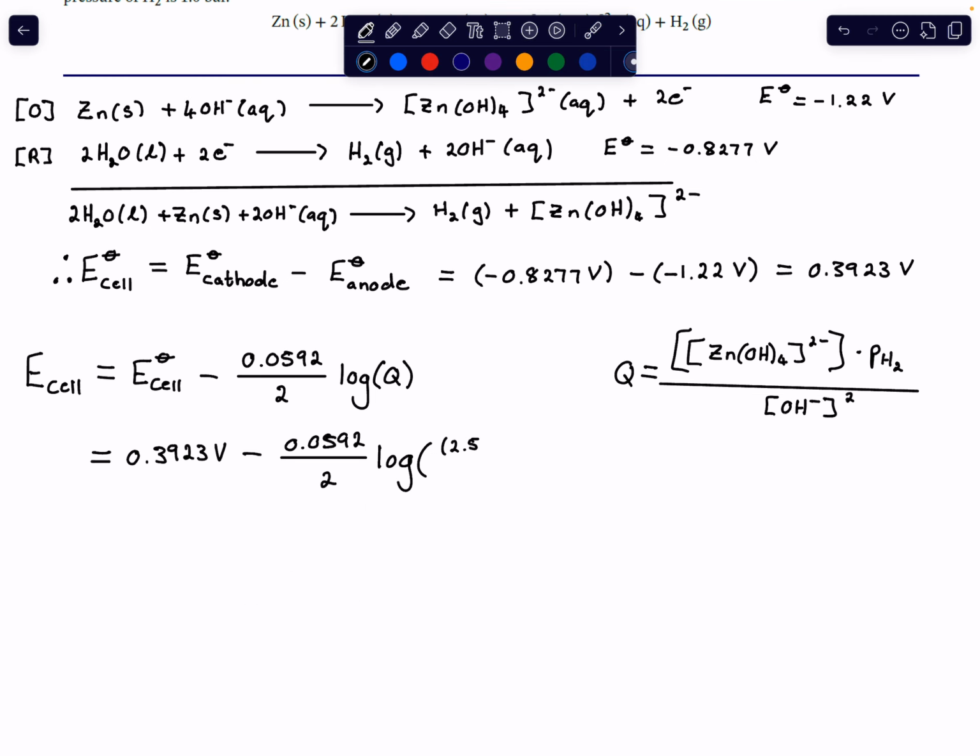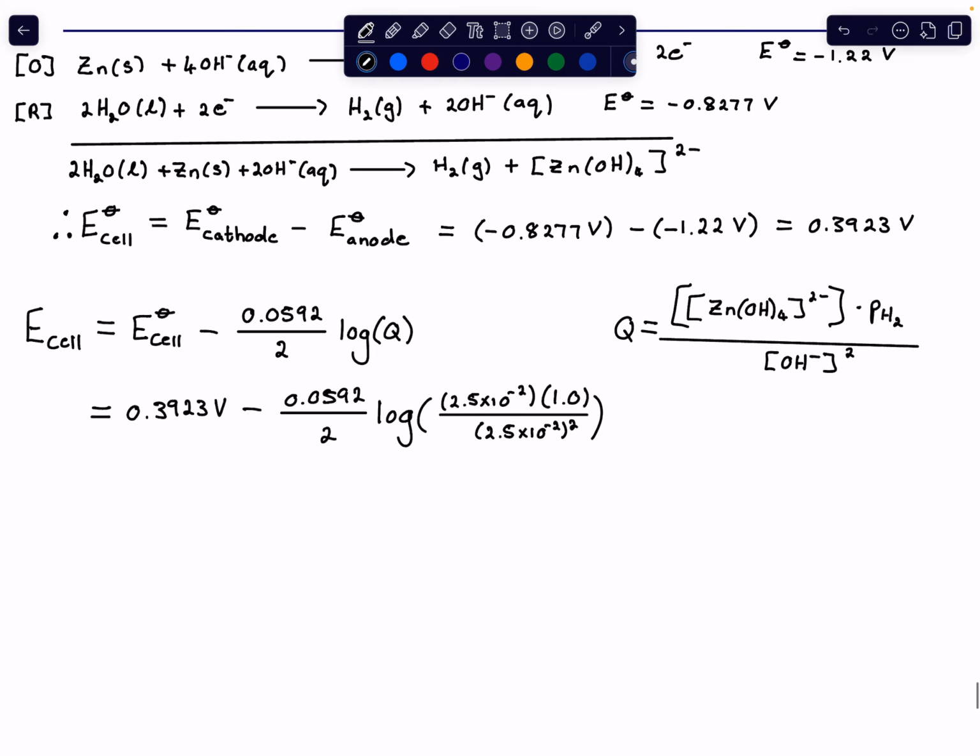So it's 2.5 times 10 to the negative 2, pressure of 1 bar, and then it becomes 2.5 times 10 to the negative 2 squared. And calculating this gives us 0.34 volt. All right. So that is the cell potential when we have these actual concentrations.